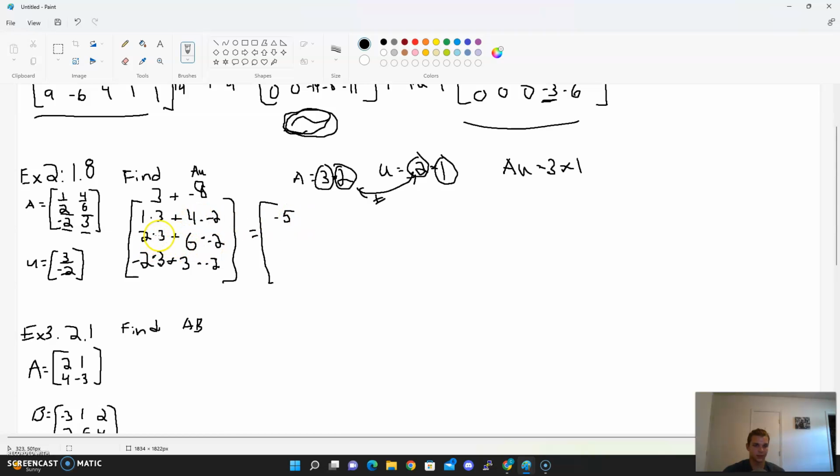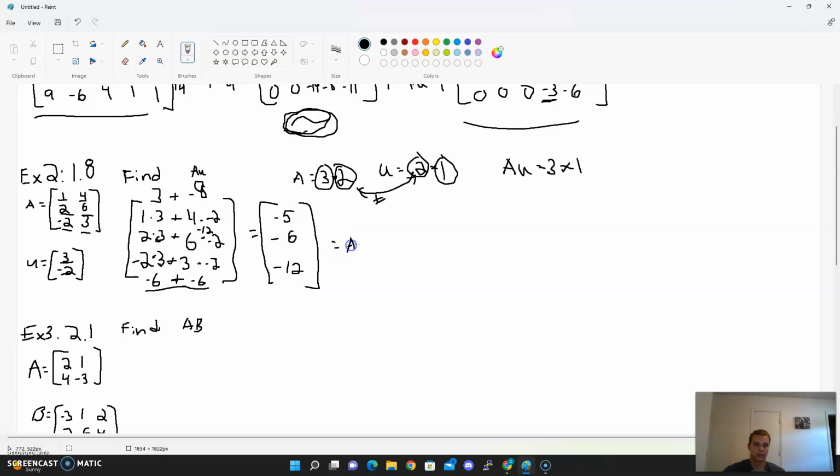This will be 6 times negative 12. So 6 plus negative 12 will be negative 6. And then we'll do negative 2 times 3. It will be negative 6 as well. Plus 3 times negative 2. This will be negative 6. And we're adding these guys. So that'll be negative 12.